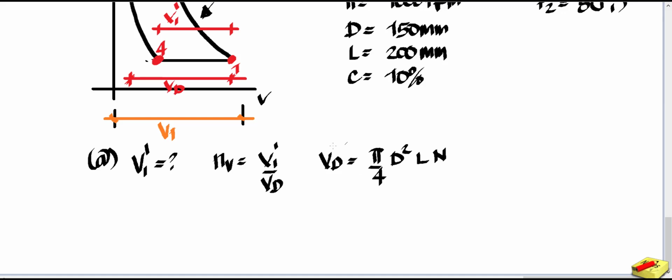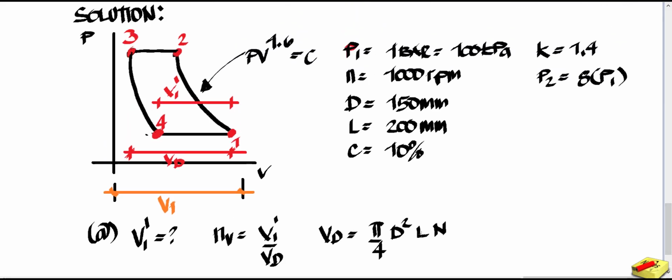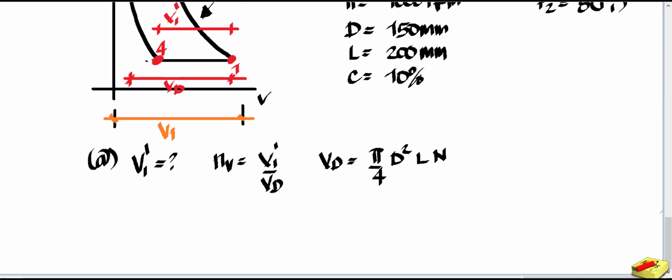Now for the given data, we can compute your volume displaced. So we can directly substitute, I think. Since we have the diameter given also in the problem, the length of stroke, and also your N, we can compute now your volume displaced. So our volume displaced is equal to pi over 4, the diameter, that will be 150 mm.